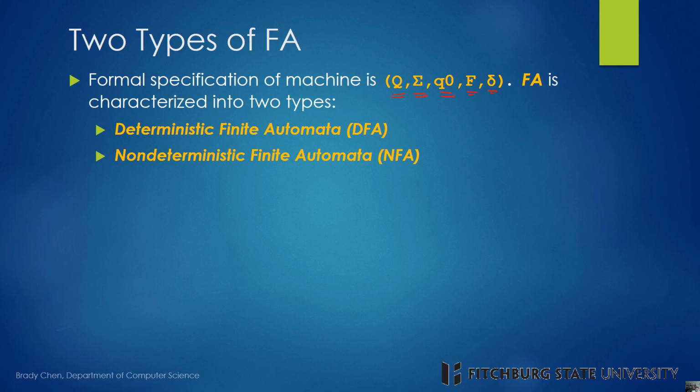Now, FA is characterized into 2 types: deterministic finite automata, DFA, and non-deterministic finite automata, NFA. We will talk about both of these types. Let's move forward.